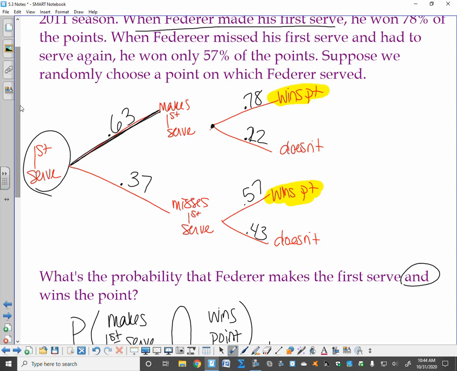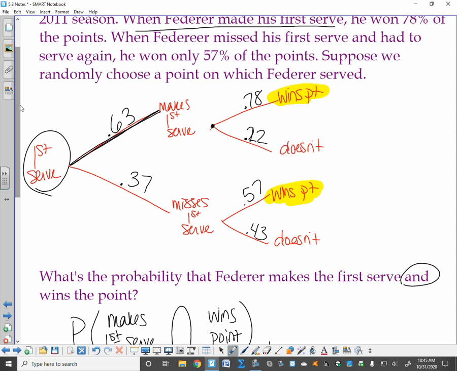He can win it if he makes the first serve and wins the point. Okay, now listen, this is an important word. I'm going to stress some words here, and let's see if you can see why I'm stressing them. Ready? He can win the point if he makes the first serve and wins the point, or if he misses the first serve and wins the point. Okay, I'm going to say that different. Watch this.